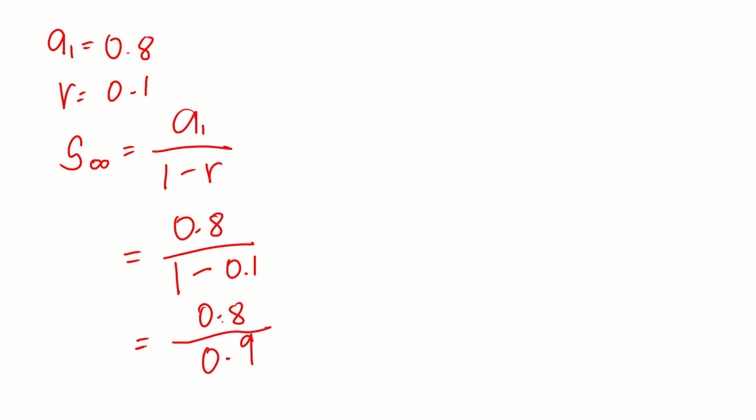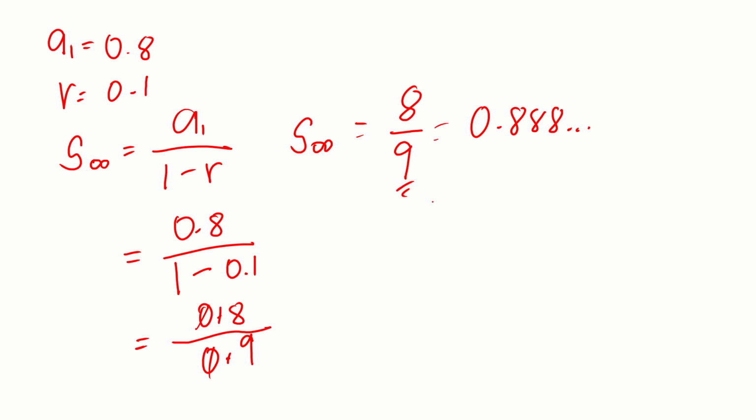Ang gagawin na lang po natin is aalisin na lang po natin yung 0 at yung decimal point. Ano yung matitira? We have 8 over 9. And 8 over 9 po is the fractional form ni 0.888 and so on. So that is our final answer, si 8 over 9. Even if you try it using your calculators, makukuha po natin yung answer na 0.8888 kapag di-divide natin si 8 sa 9.